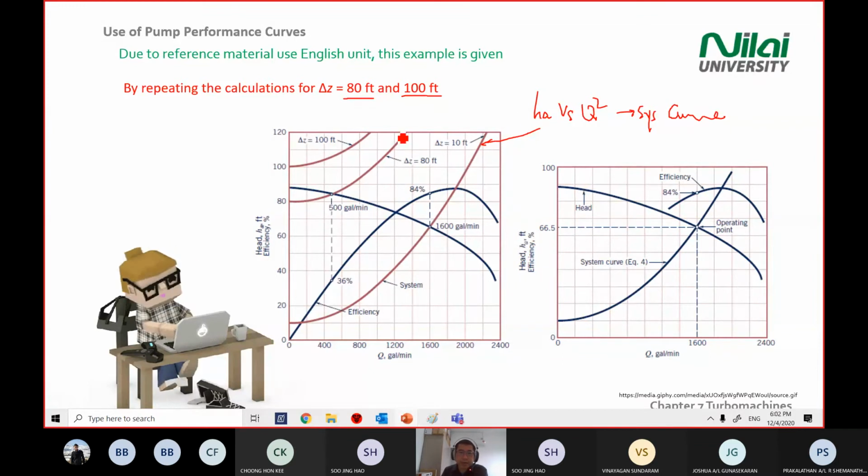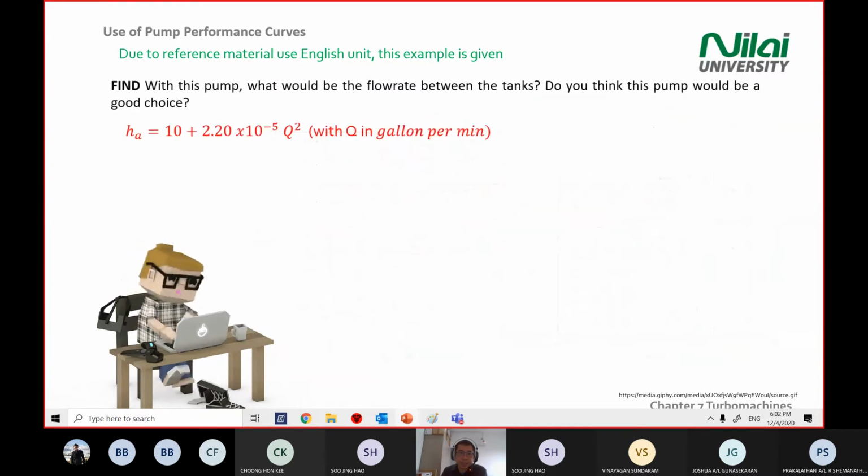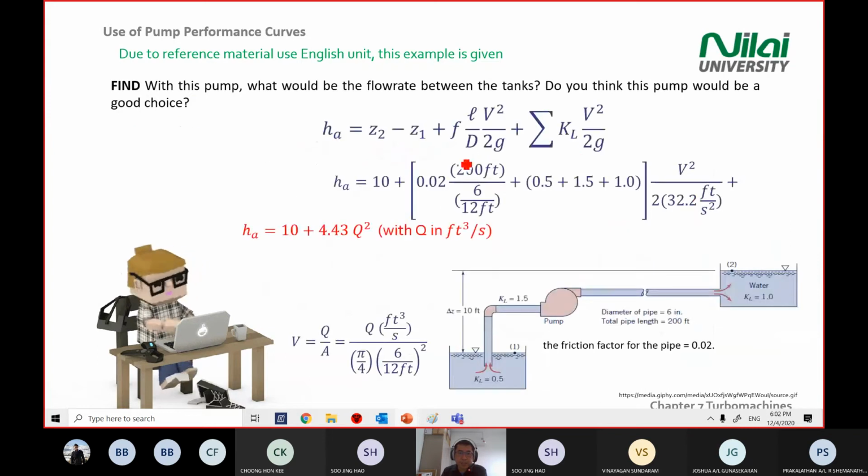However, we can plot another graph by changing our delta Z to 80 feet and 100 feet. You can see what happens if you change the Z in our equation, HA. In this equation, you change the elevation. Just now it is 10 feet. So what happens if you change the elevation? You move your tank up to 100 feet or 80 feet. You can also bring it down. So we are changing the delta Z here.